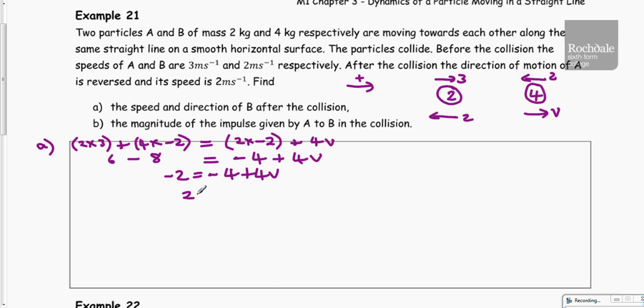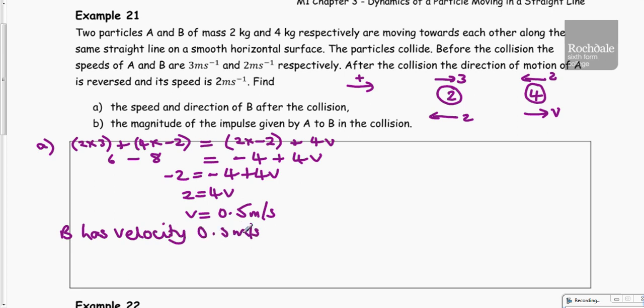Bring the 4 over, 2 equals 4v, and so v equals 0.5. So what that tells us is that B has velocity 0.5 meters per second in the original direction of A, in other words, to the right.